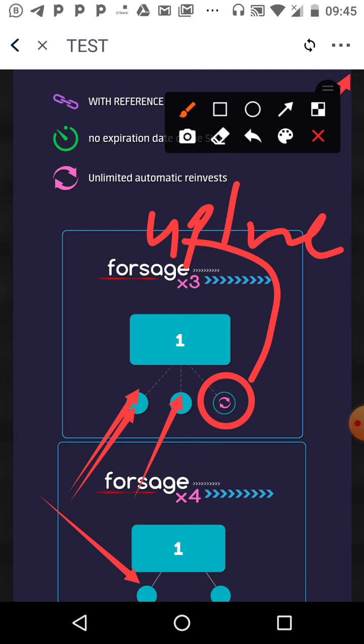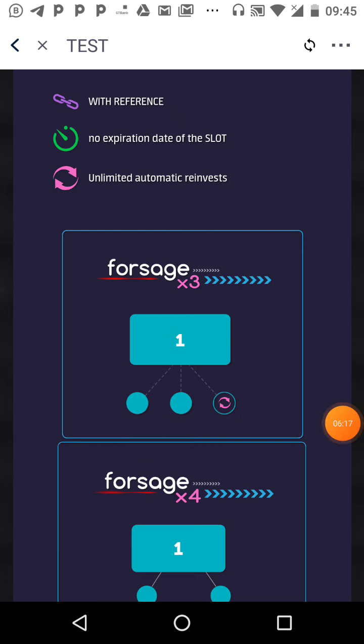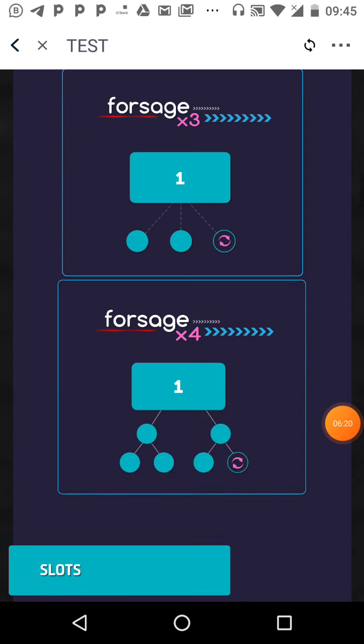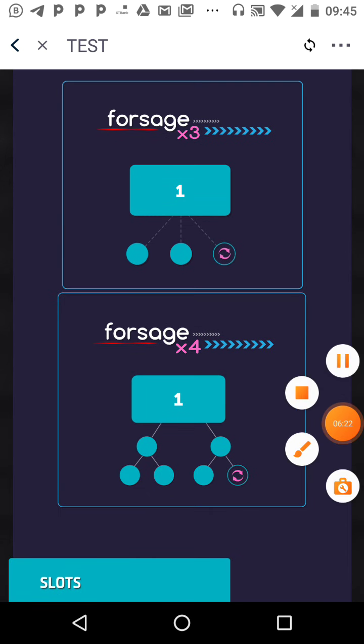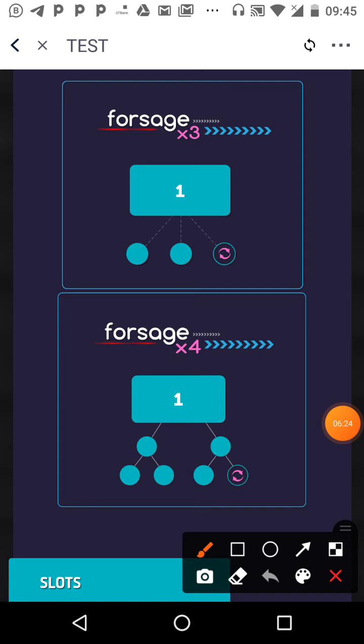So what I'm trying to say here is, when you come into the system or you bring people into the system, let's say you have an ID already and you want to bring in people, the first thing the system will do is to buy the first slot and the second slot.